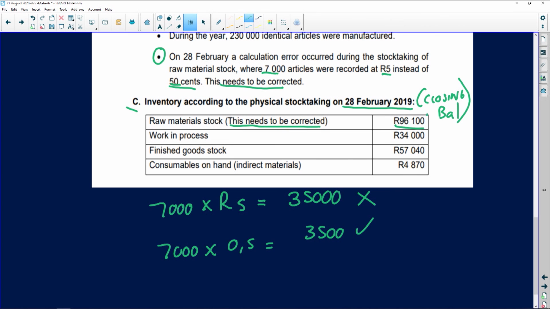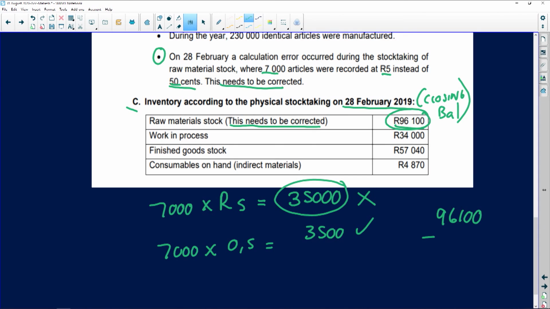Right, so in this total, remember that is the total value of our closing stock, 96,100, there is an amount of 35,000 that should not be there. So one way of doing it is minus 35,000 plus 3,500, or you can simply take the difference.